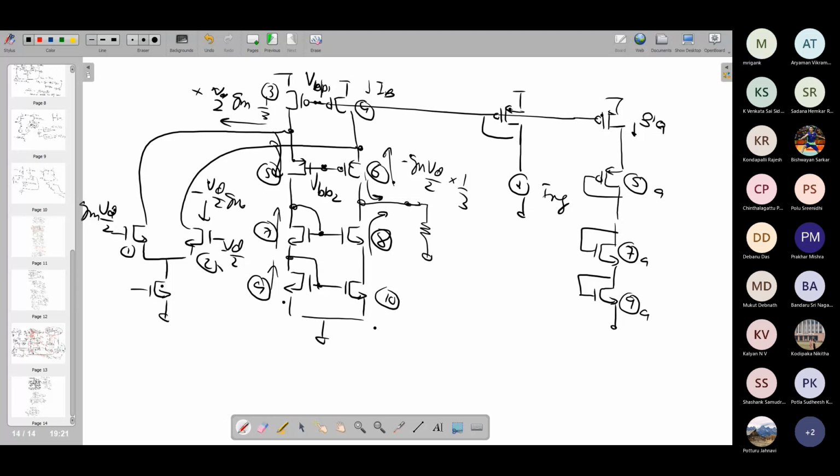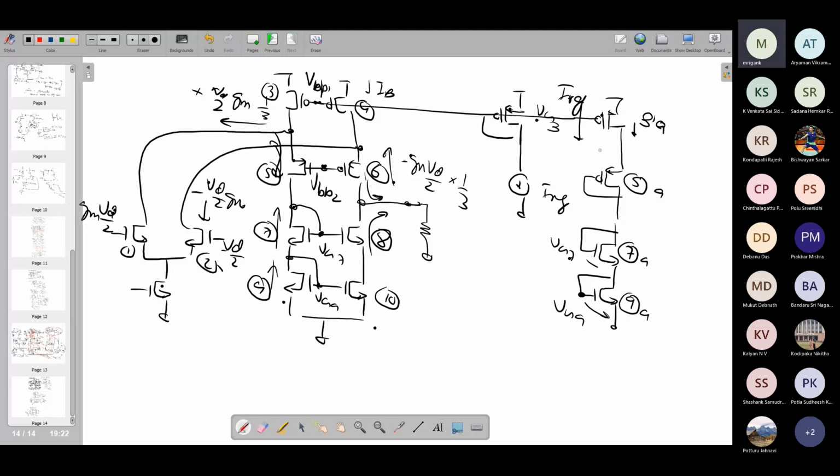Now what is happening? You are pushing the same IREF over here, and for the same IREF, whatever is the gate voltage of M9 and M7, the same voltage will be produced here: same dimension, same current, so the VGS is going to be the same. Whatever is the gate voltage VG9, VG7, the same thing will come here. And then you have the same voltage VG3, because of the same bias current and same size.